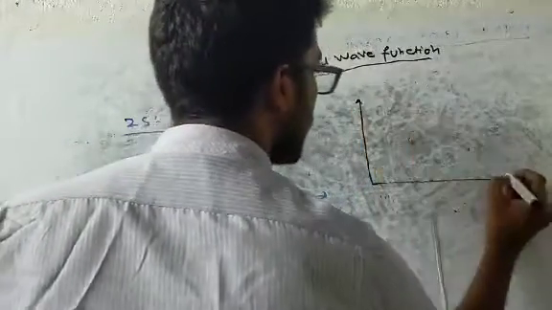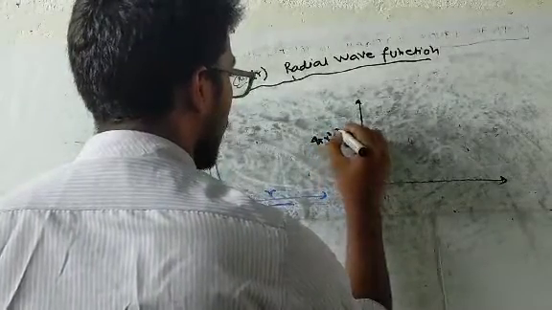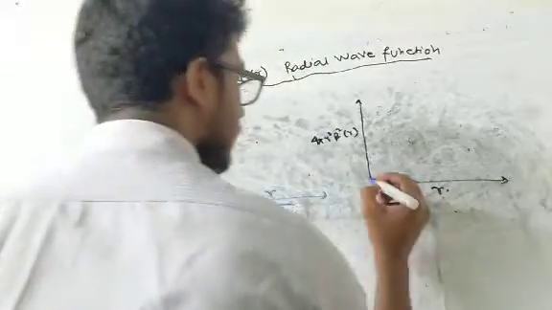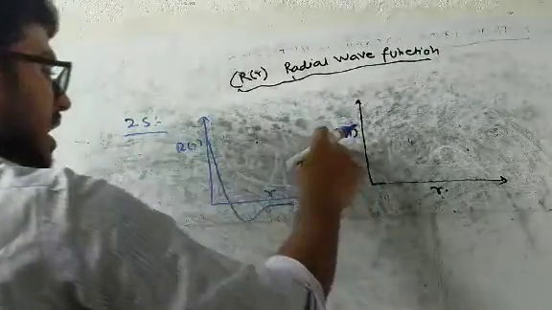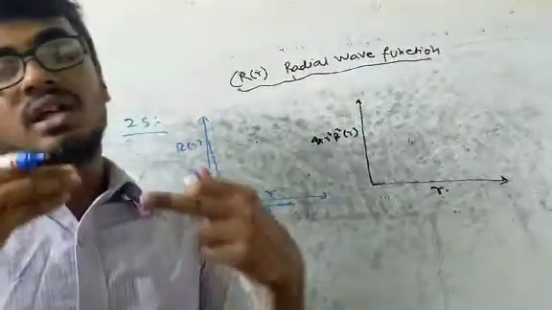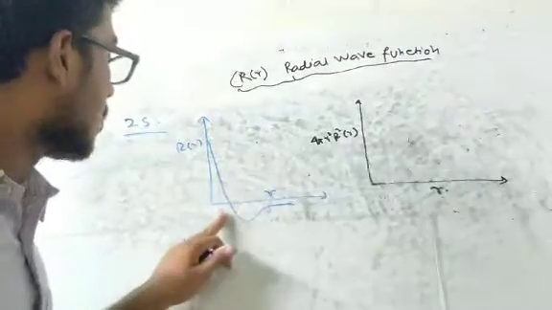Now if I plot 4 pi r square R square of r versus r, what happens? Again my graph will start from the origin due to this r square term, and my graph will cut the r axis one time, because there is only one node.